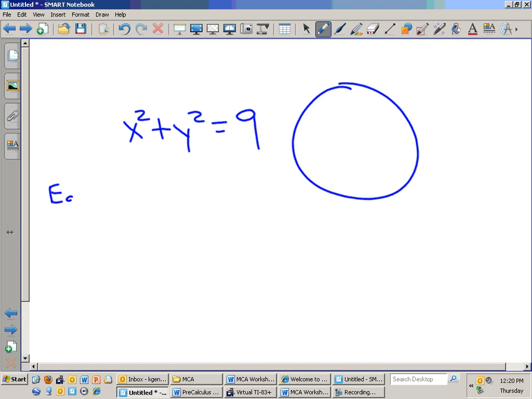Equation for line tangent. Sure, we'll do 0, 3. There you go.